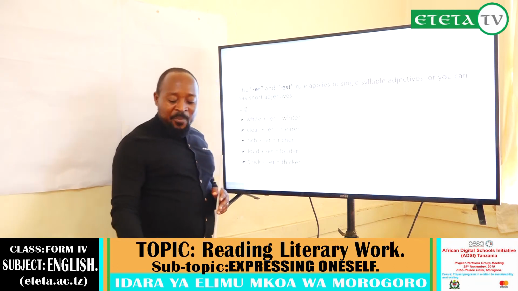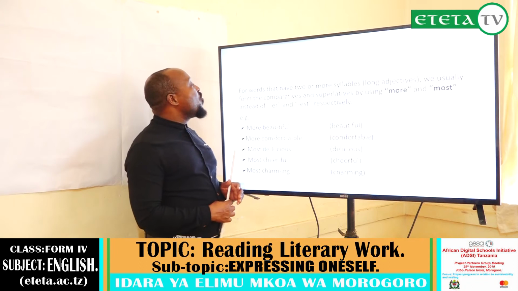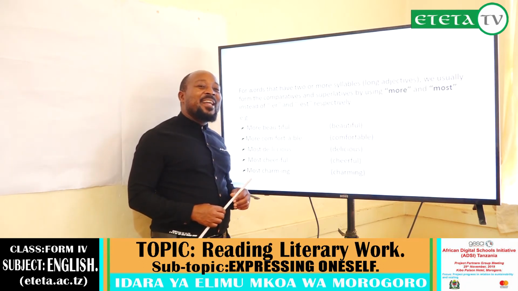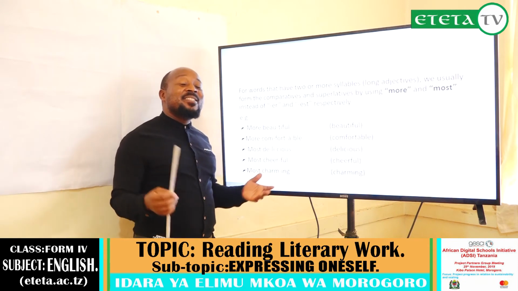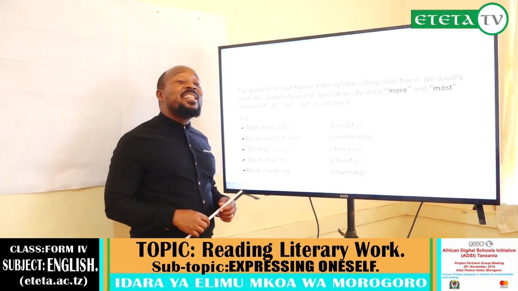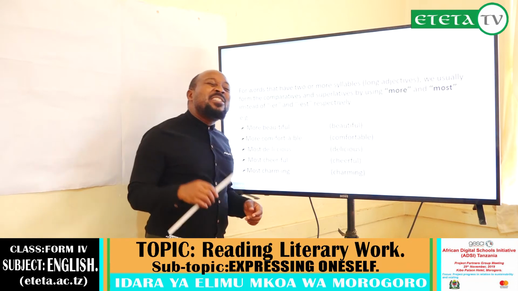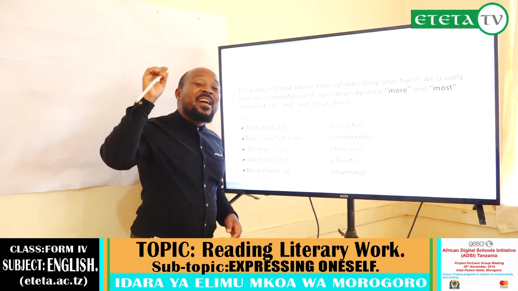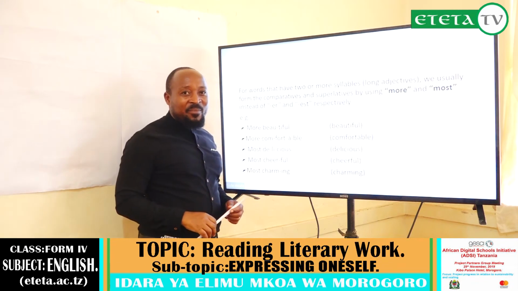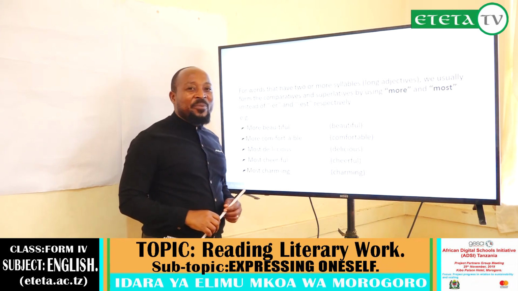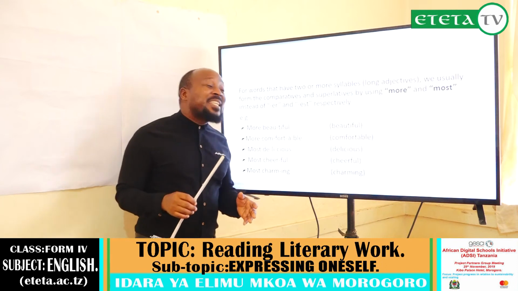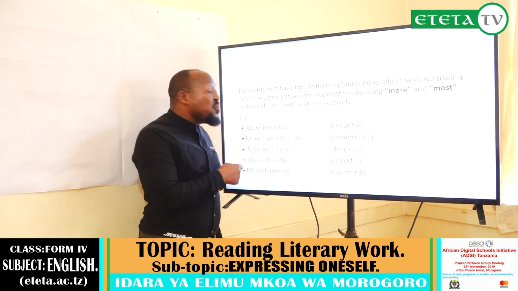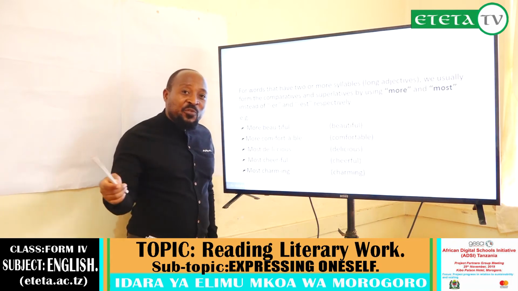See? So we use ER or EST when we have these short words, or the words with a single syllable. It's different when you go to words with more than one syllable. They have 2 syllables, 3 syllables. You cannot use ER. It won't make sense. And of course, it will sound strange, and it's not grammatical at the same time. Try the word beautiful, for example. The word beautiful has 2 syllables. There's beau, there's ti, ful, beautiful.